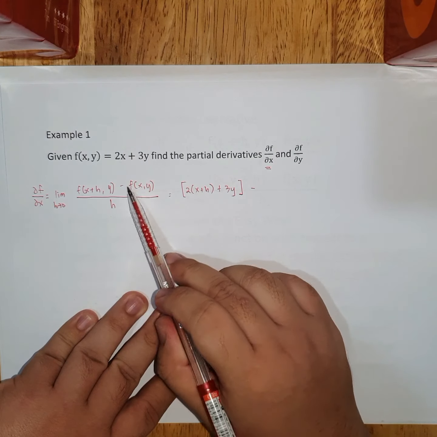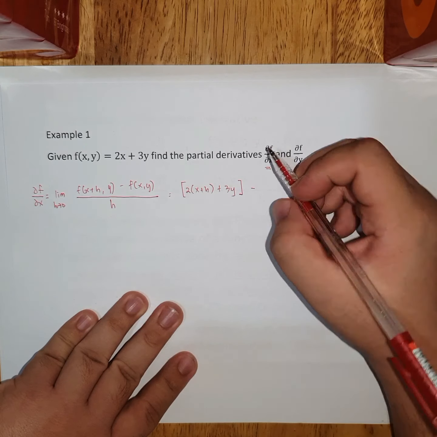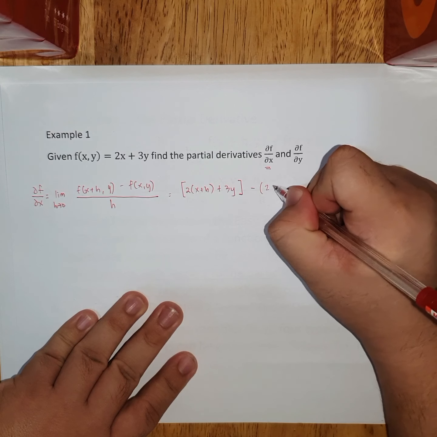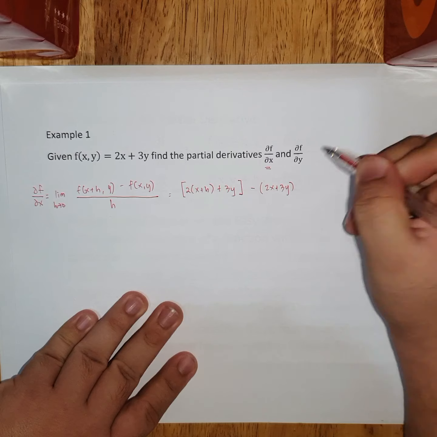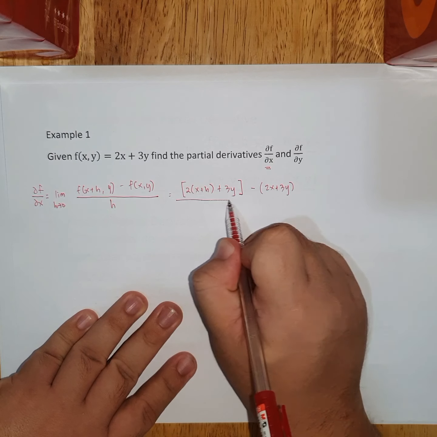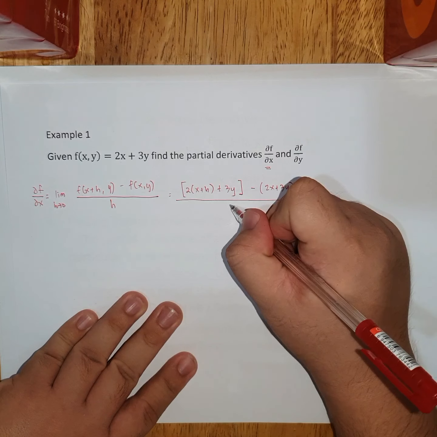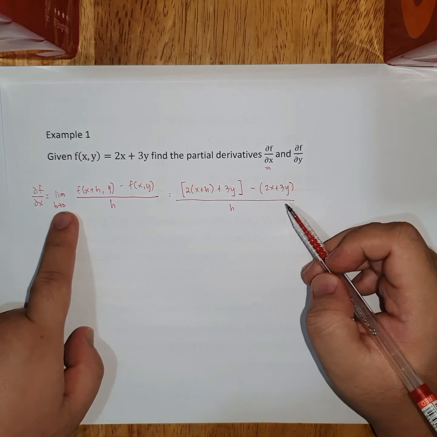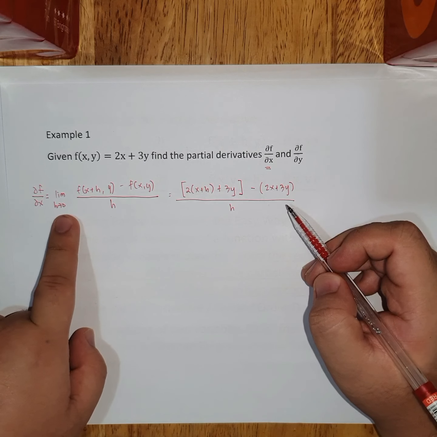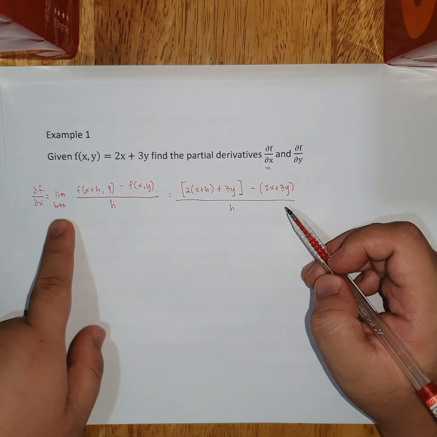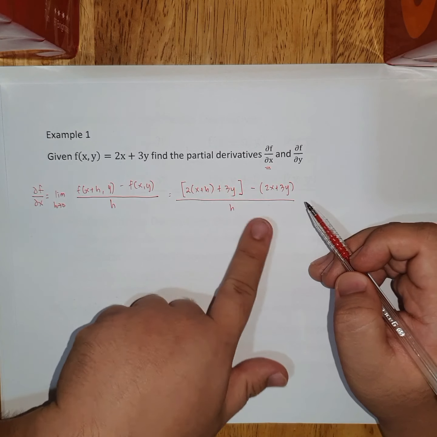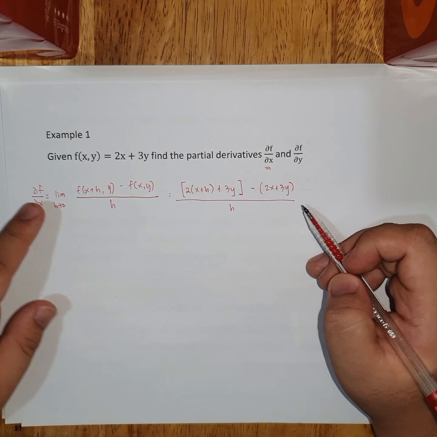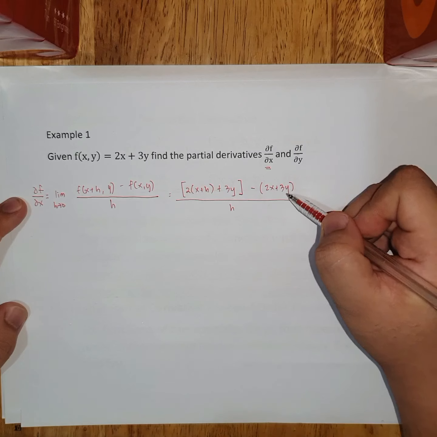Minus the original function, so we just copy it: 2x plus 3y. Then the whole expression is over h. Again we are in the limit, which I have not written here, but after we resolve this, we need to apply the limit.